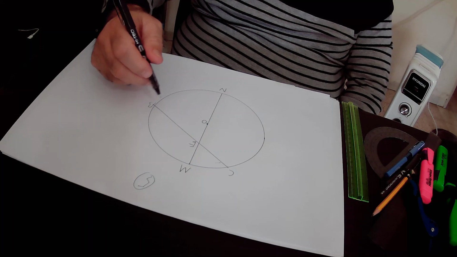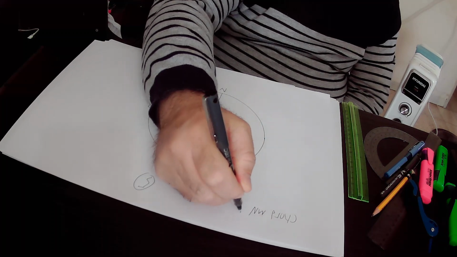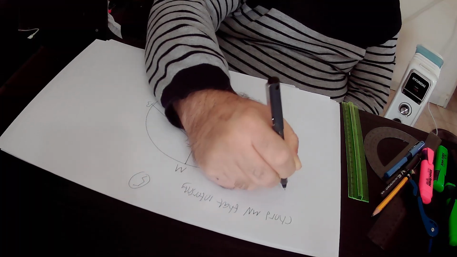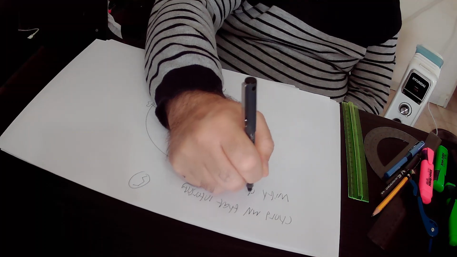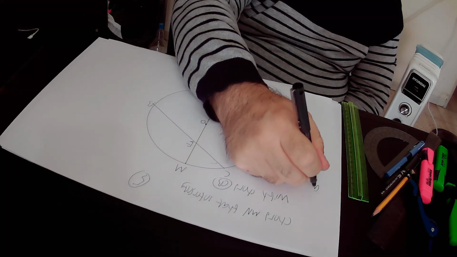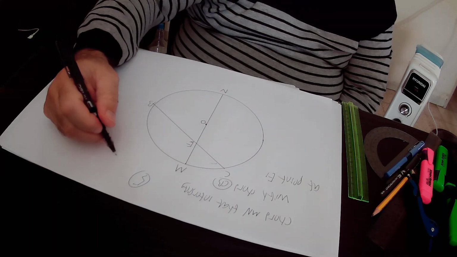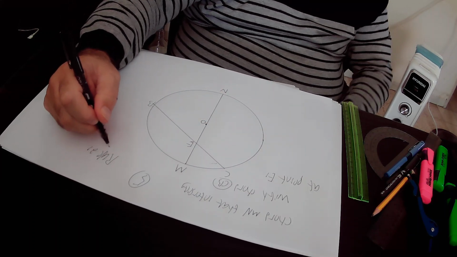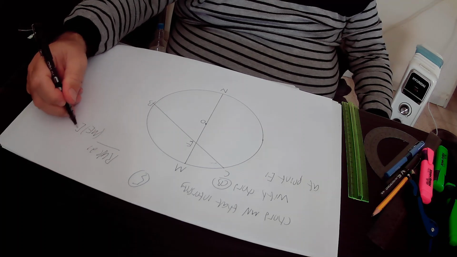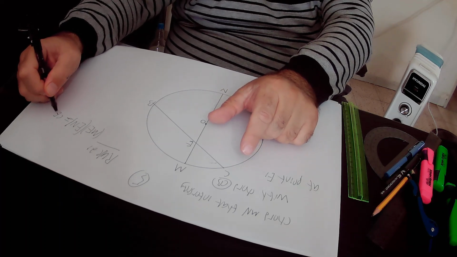So I write it down. In our specific circle, we have chord MN that intersects with chord CB at point E. Therefore, according to rule number 2, we will get that ME times EN equals CE times EB.